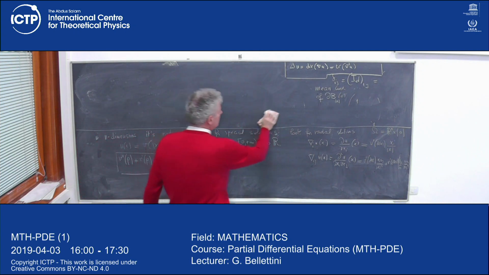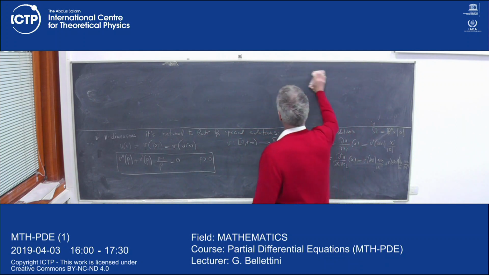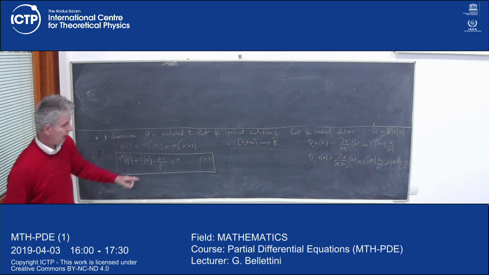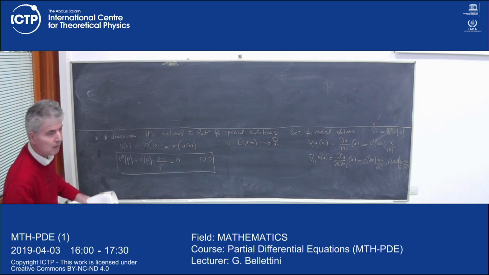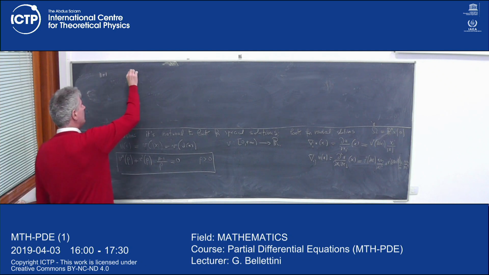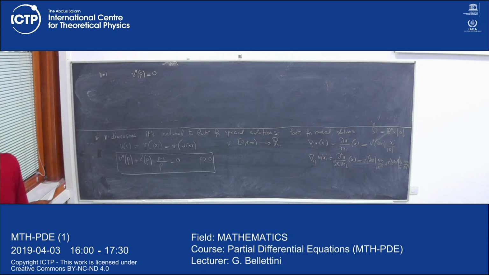It is maybe a little bit too easy, but I prefer to tell you. The easiest case is when n is 1 dimension. Why not? So n equal 1. This gives v second of rho equal 0. Solutions?